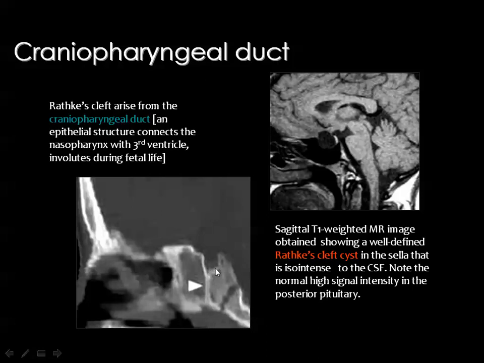Then the cyst particularly occurs inside the sella, and it may extend into the suprasellar area. This issue will be discussed in full detail in the lecture of the sella, and this lesion characteristically does not enhance, and it can show some enhancement only of its wall, but solid enhancement of this lesion does not occur.